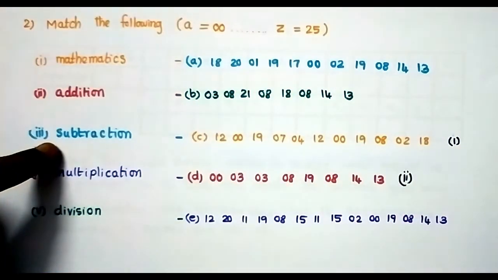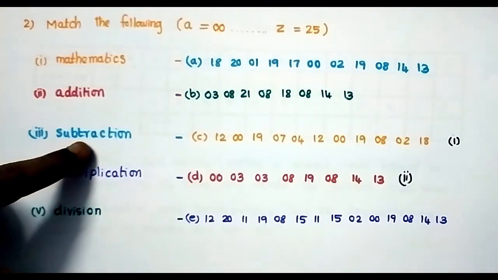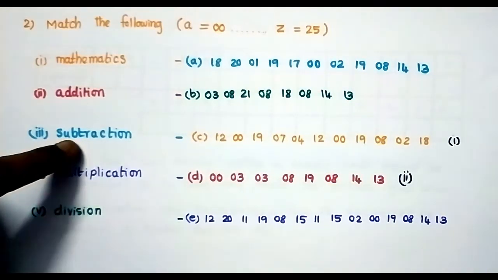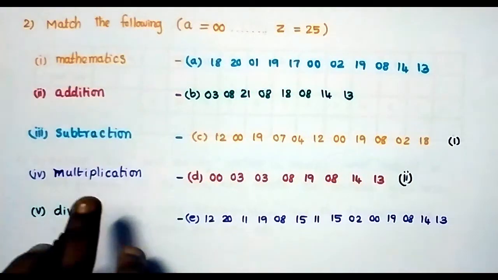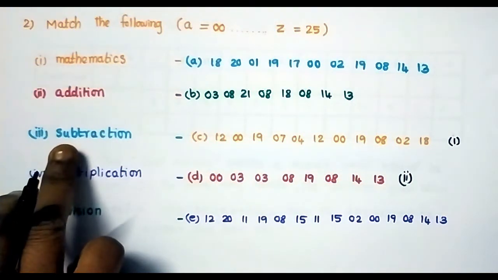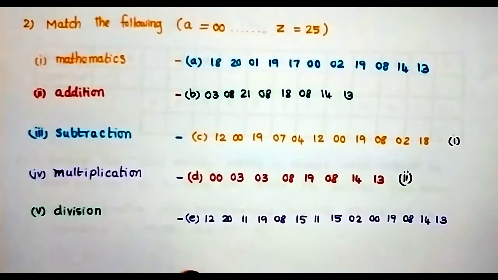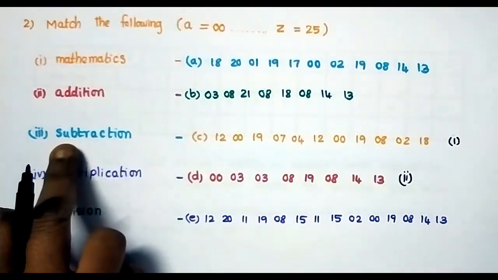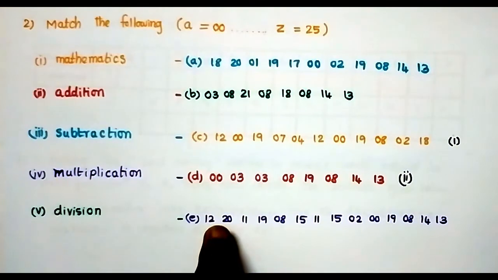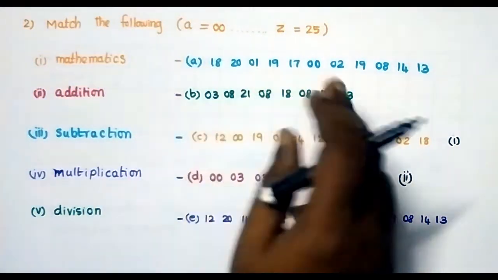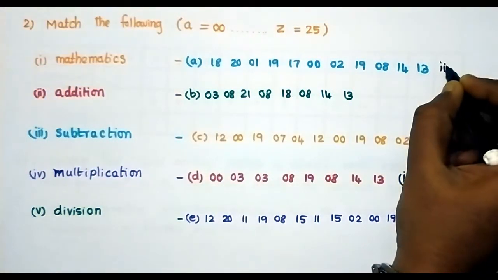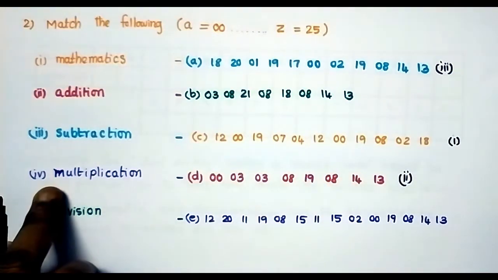Next, subtraction. In this word we know that B is, what is B? A is 0 0, that means B is 0 1. Which option? Third is 0 1 here, that is the third one. Next, multiplication.